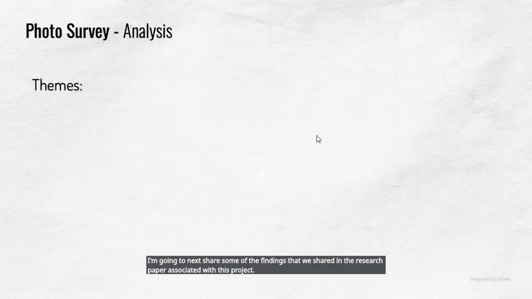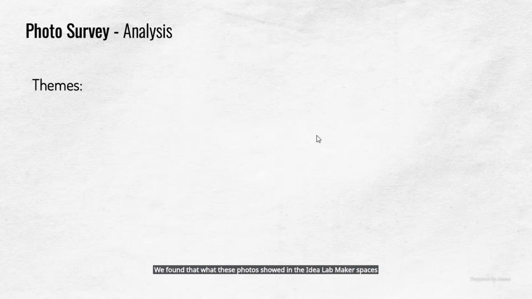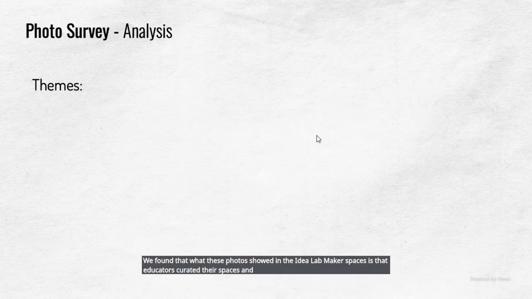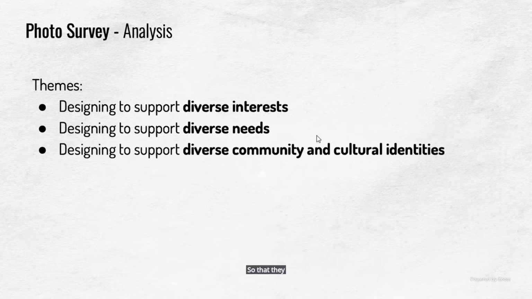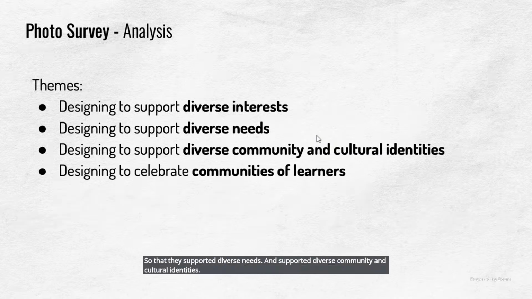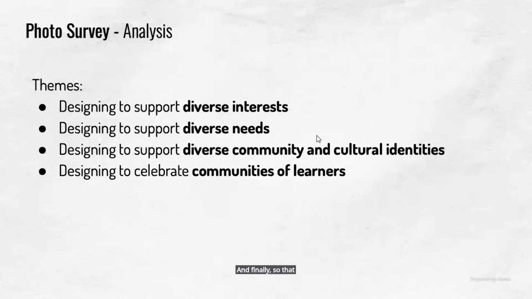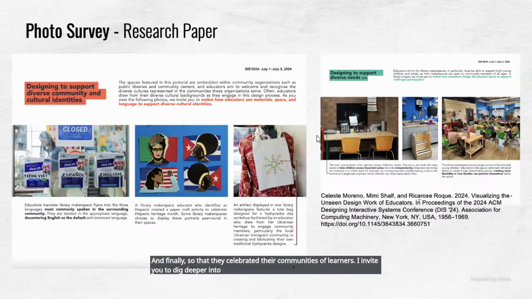We found that what these photos showed in the Idea Lab Makerspaces is that educators curated and designed their spaces so that they supported diverse interests, diverse needs, and diverse community and cultural identities, and finally, so that they celebrated their communities of learners. I invite you to dig deeper into these findings, themes, and photos through the research paper that we wrote.